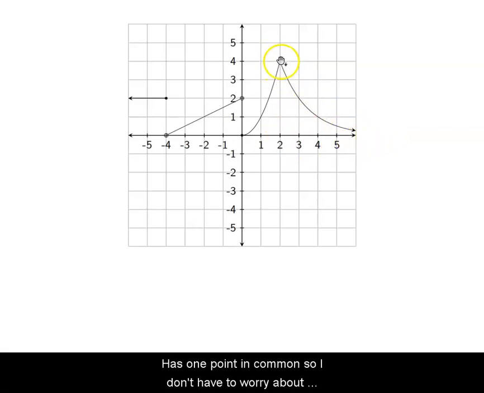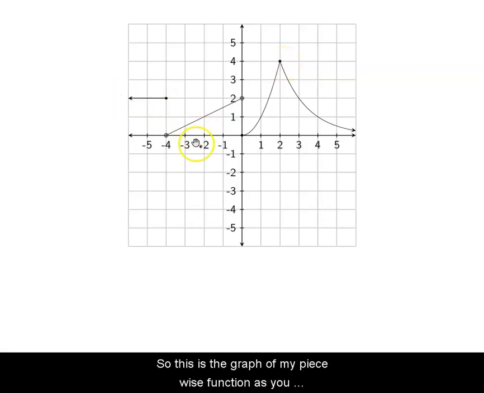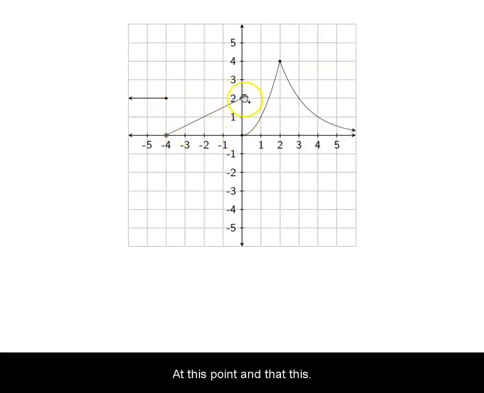It has one point in common, so I don't have to worry about open dot, closed dot, because it exists. It's a shared point for both sides there. So this is the graph of my piecewise function. As you notice, it is what we call discontinuous, or a non-continuous function. In order to graph this, I have to lift my pen from the paper at this point and at this point.